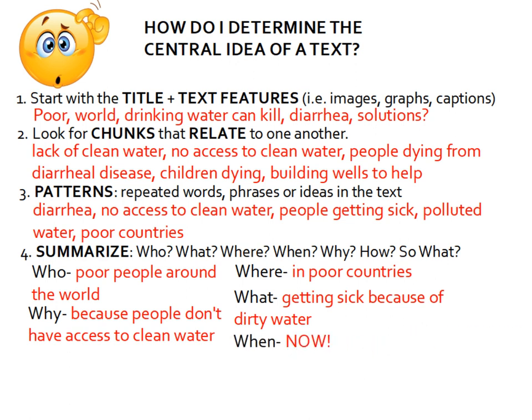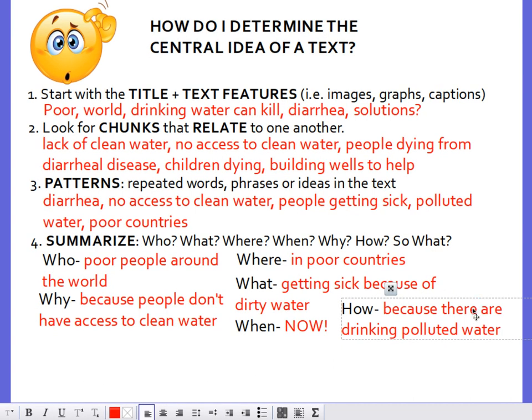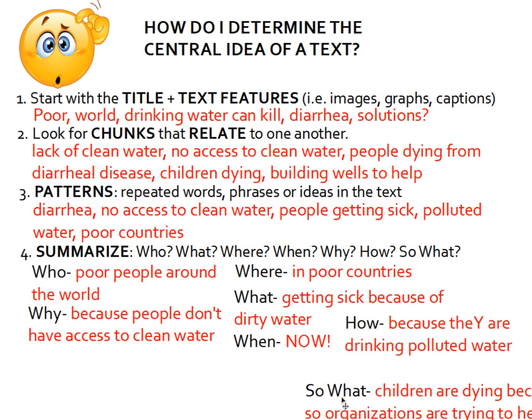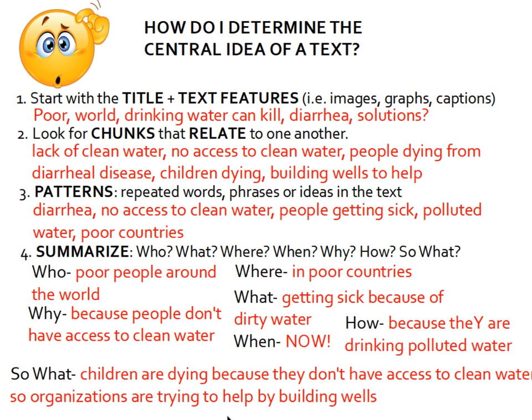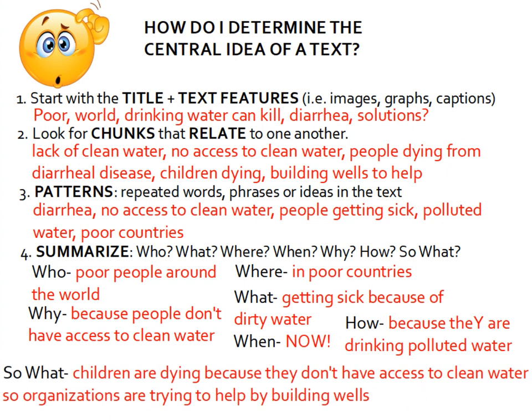When is this happening? It's happening now. How is this happening? Because they are drinking polluted water. And so what? Children are dying because they don't have access to clean water. So organizations are trying to help them by building wells.